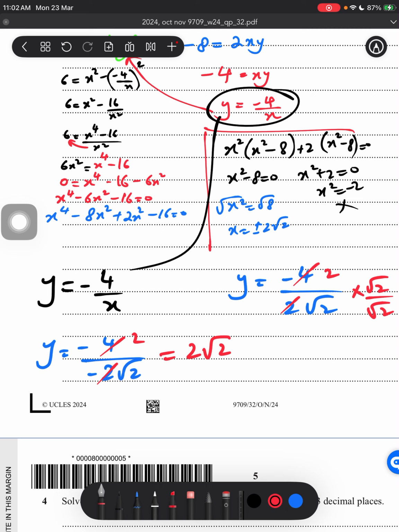So you would get minus 2 under root 2, and this will be taken out, so this cancels out. So it will be just left with minus under root 2. So for one value of x there can be two values, and obviously there can be two values for y.